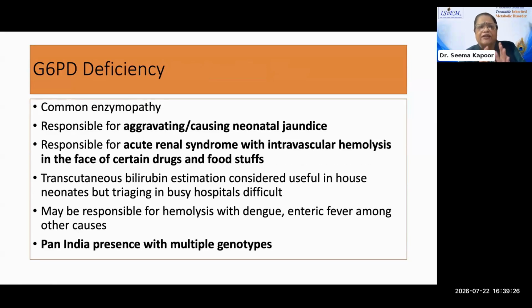Again, common messages. First tier test on blood spot, 17-OHP. Second tier test on blood spot, steroid profiling.